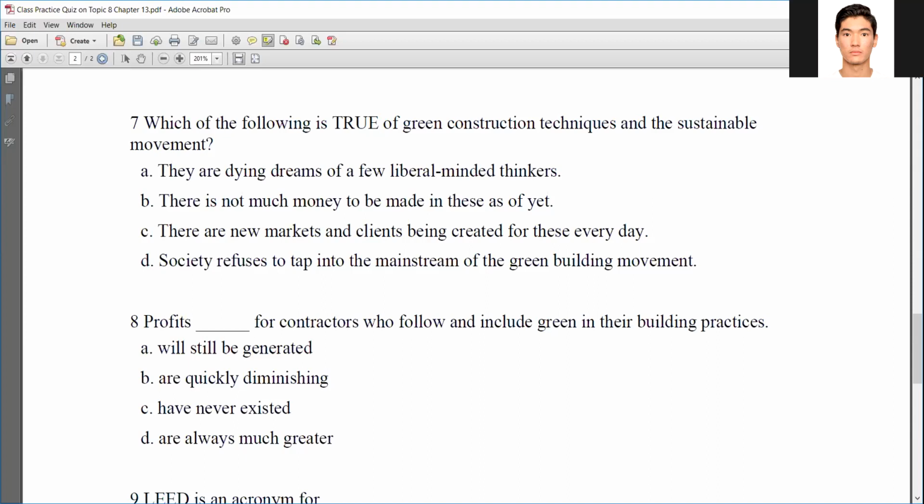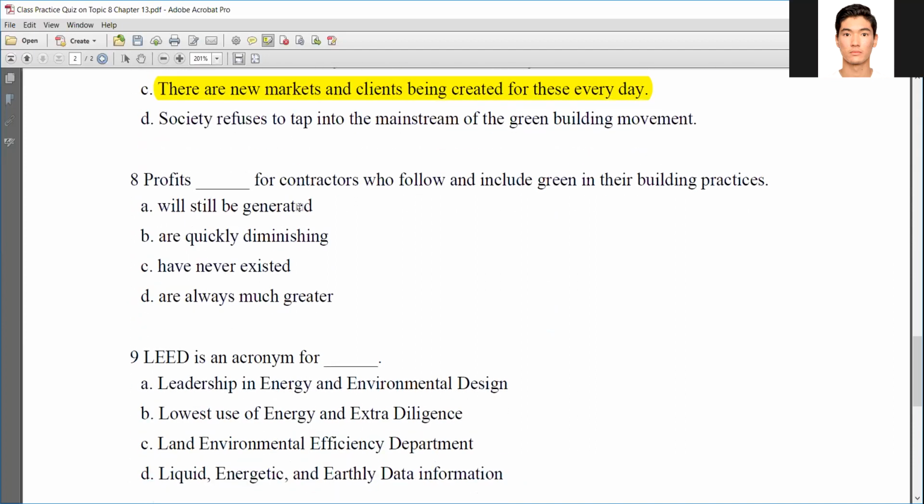So which is the most appropriate statement? Depending on your political views, I think A could be an answer, but I think C is more appropriate. Okay, so as you have said, C is the more appropriate answer: there are new markets and clients being created for these every day.